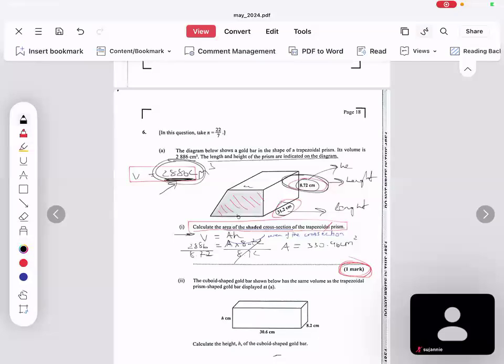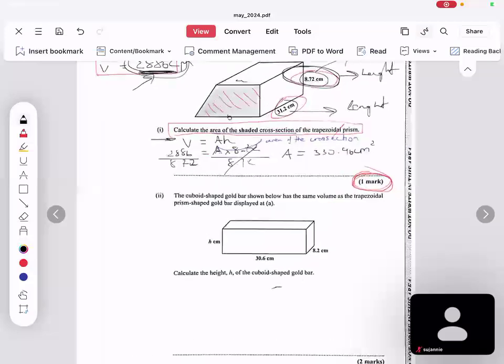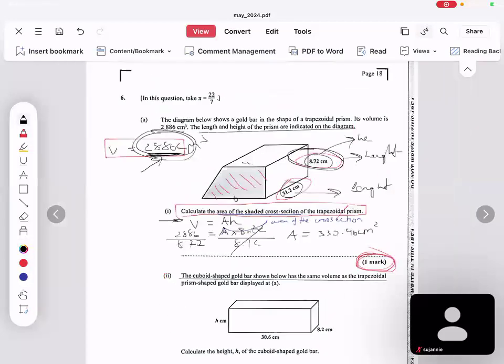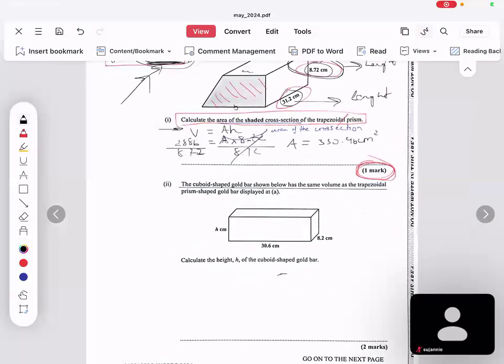All right. Next question says, so the cuboid below now, they draw a different shape now. They say the cuboid shaped gold bar shown below has the same volume as up here. So what does this sentence say to us right here, sir? This sentence is saying to us that the V value that we have up here is the same volume down here as well.